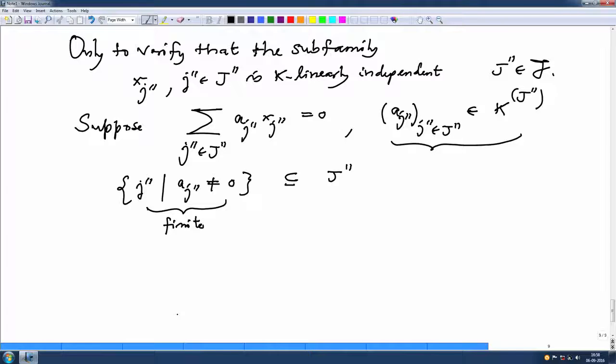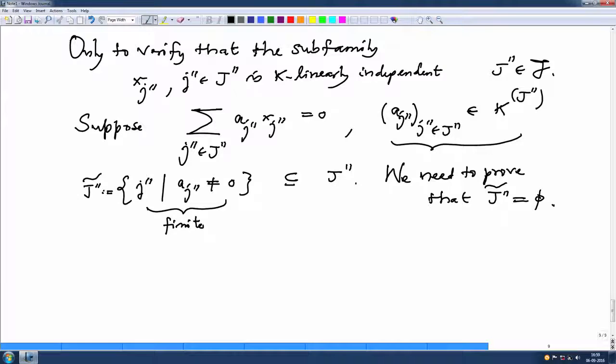And what we want to prove is that this set is actually the empty set. Let us call this set J double prime tilde. So we need to prove that J double prime tilde is the empty set.